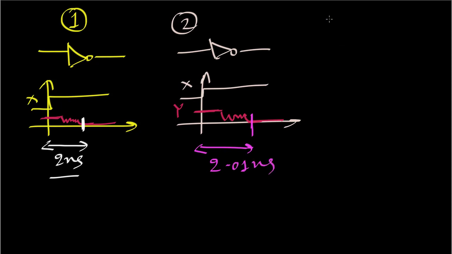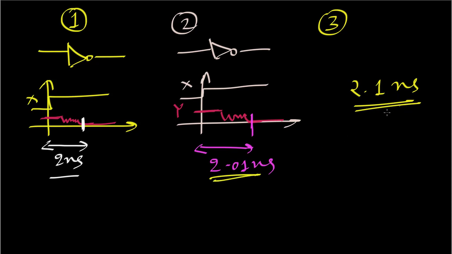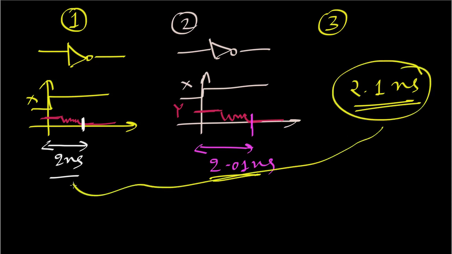Okay. And now for the third NOT gate, the time after which the output gets to its final value is, let us say, 2.1 nanosecond. So now the manufacturer will say that my NOT gates are taking 2 nanosecond, 2.01 nanosecond and 2.1 nanosecond, but one thing I am sure of is that nobody will take greater than 2.1 nanosecond. So all the NOT gates will get their final stable value within 2.1 nanosecond.